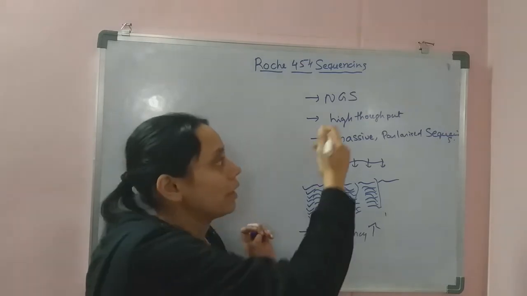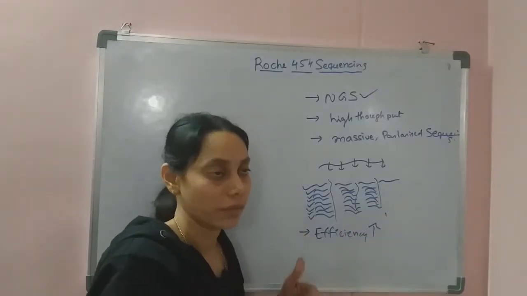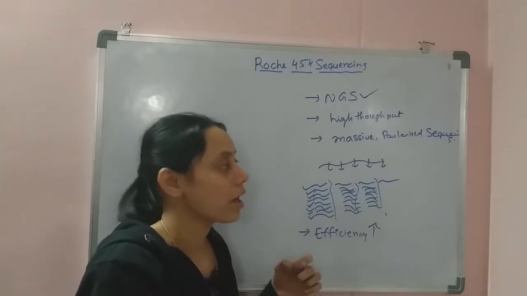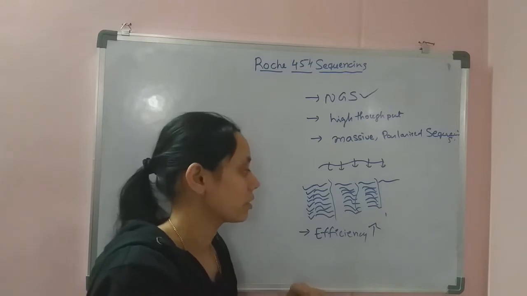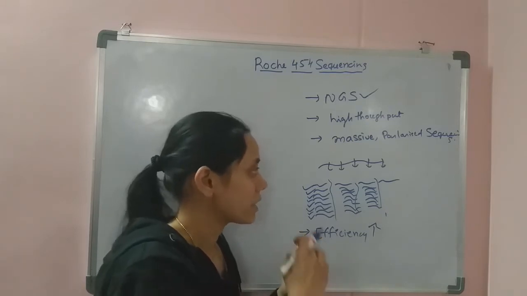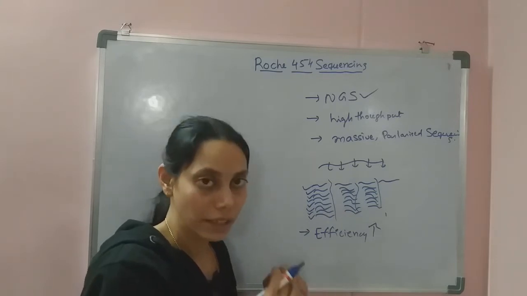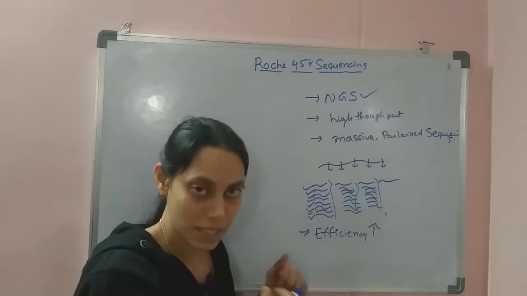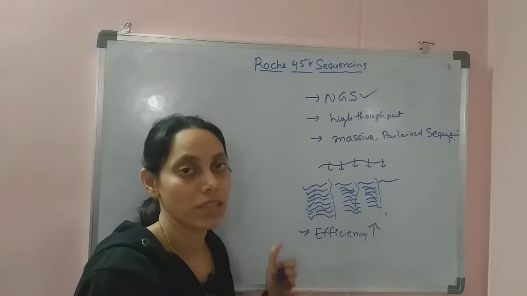These next generation DNA sequencing techniques are very fast and very efficient. They sequence the DNA in a single stretch. The whole genomic DNA will be sequenced in a single stretch. That means they speed up the process of sequencing.